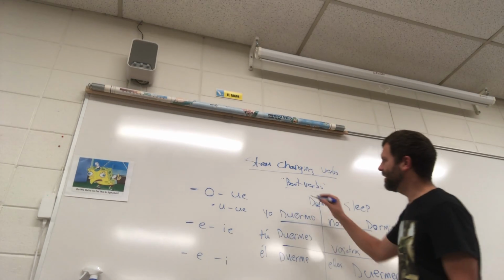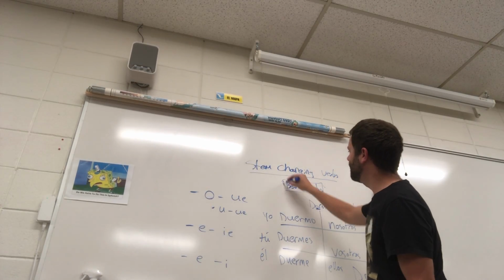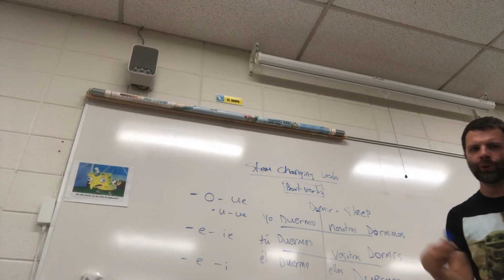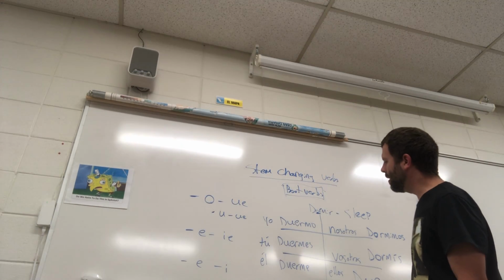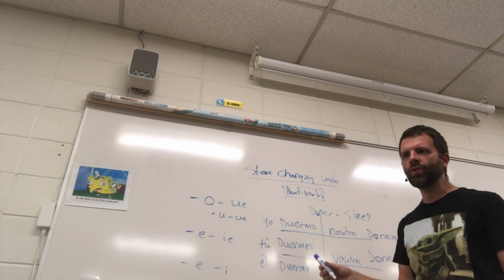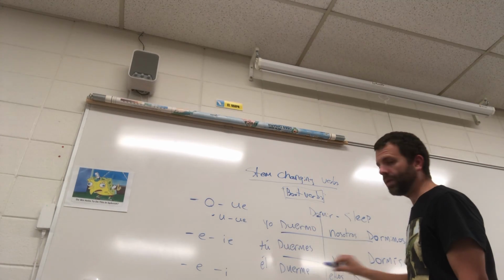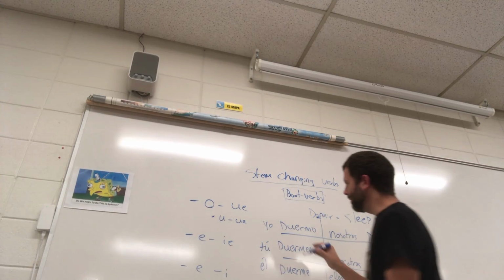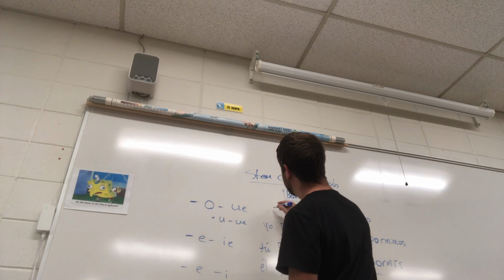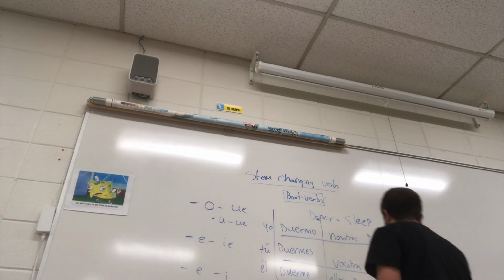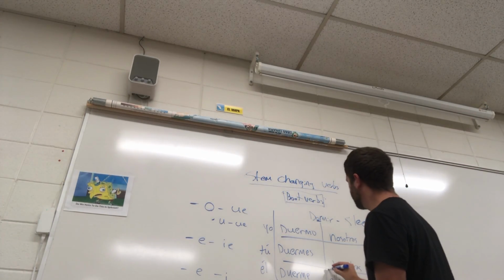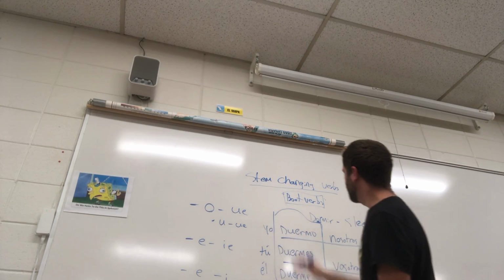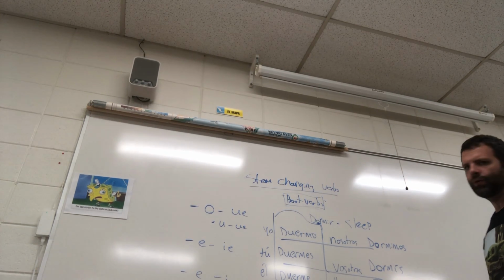This is where the nickname boot verbs comes in handy. We call this a boot verb because if you draw an outline around the subjects, around the forms that are irregular, you get the shape of a boot.